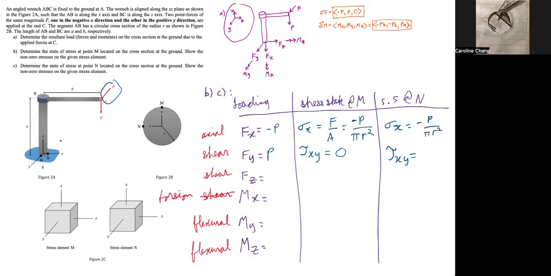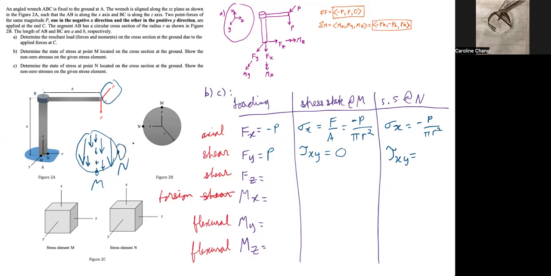So if M is here, N is here, and P is going across in this direction, we're going to have the maximum at point N, because shear stress increases in magnitude parabolically.